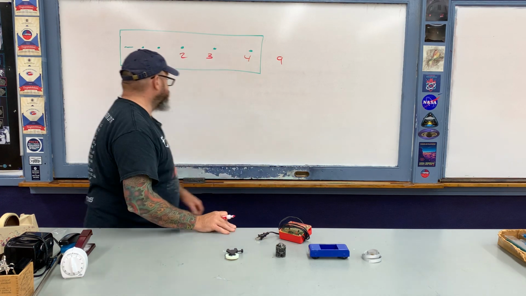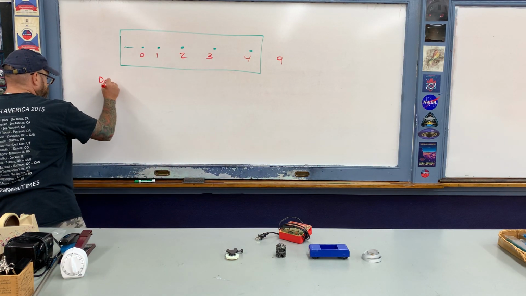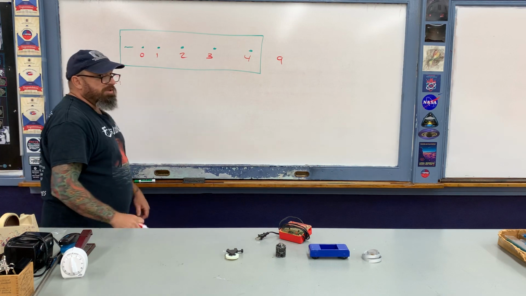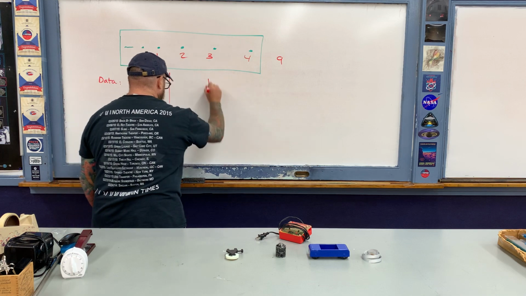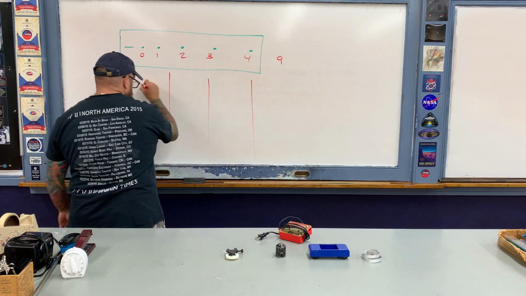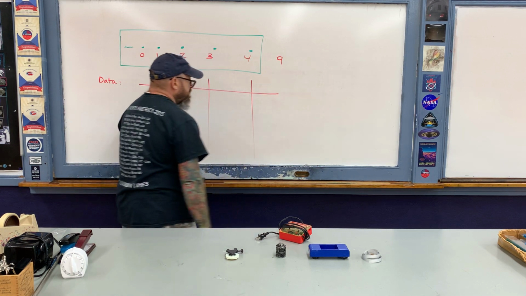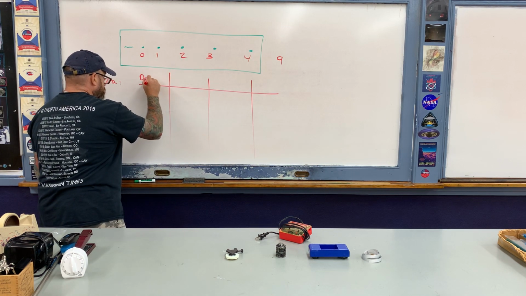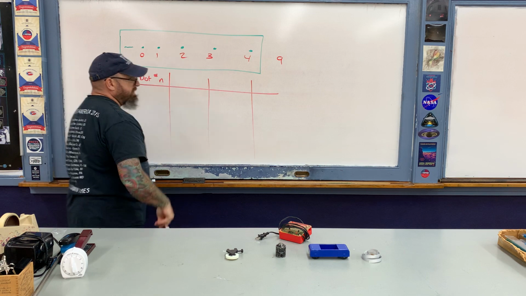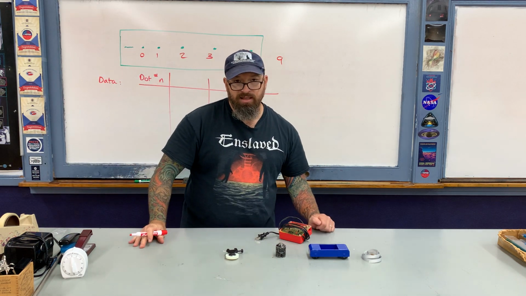The next thing to do is to construct our data table. The data table is going to have a couple of columns associated with it, like so. The first column is always labeled as the dot number. We use the letter N as an index to indicate the dot number.